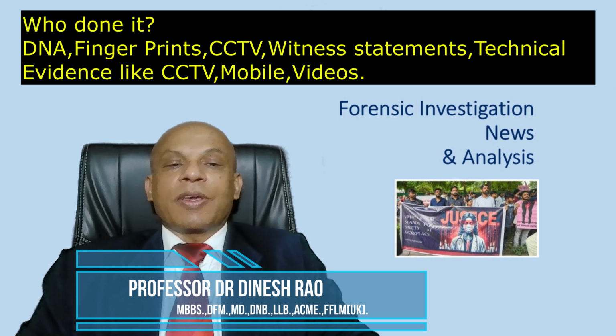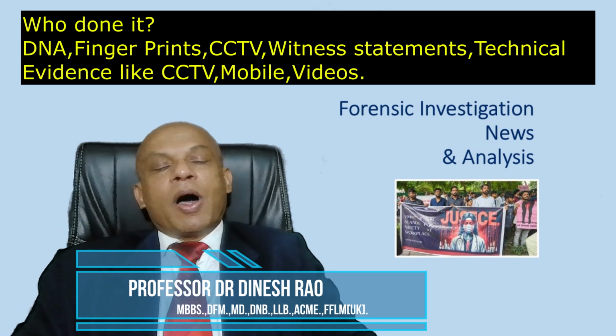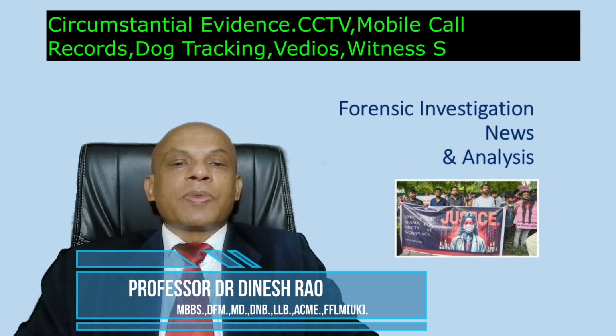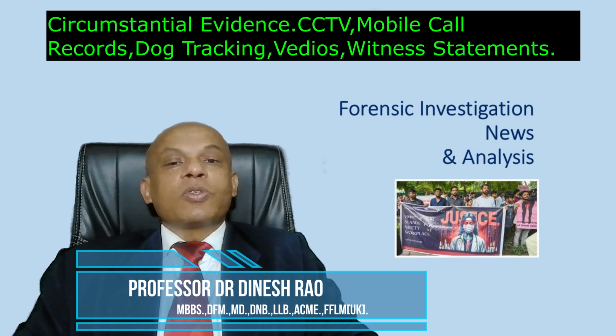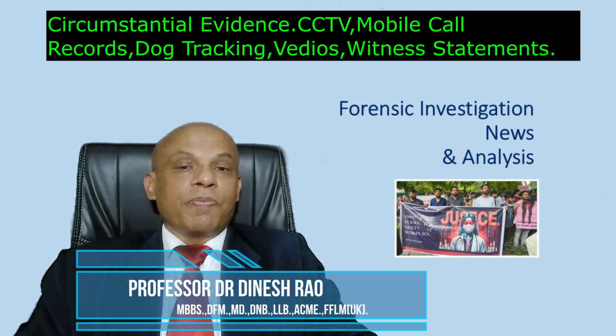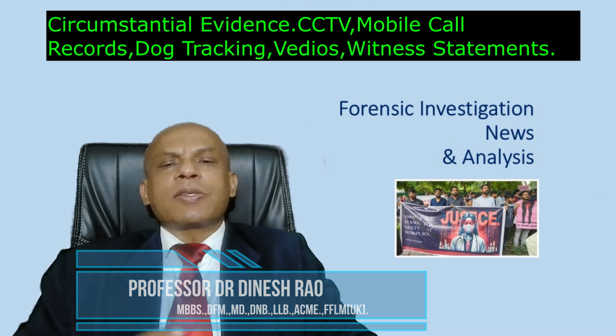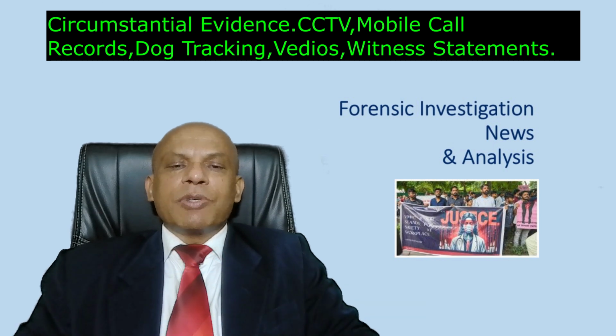The reliable forensic evidence includes CCTV evidence at and around the crime scene, and of course the CDR, the technical evidence pertaining to mobile phones or videographs, or even call dumping or the CDR records. This is all very good circumstantial evidence in cases of this nature. And of course, the dog squad, which can track the possible suspects. These are the steps we usually take as far as the investigation is concerned.